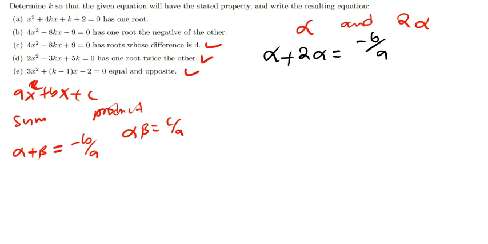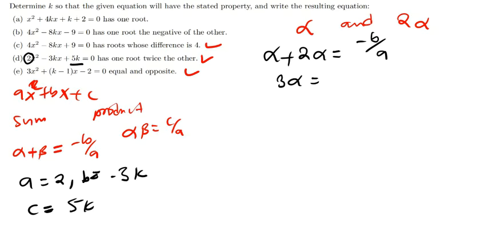A is 2. My b, the part having x, is negative 3k. Then my c is the part that doesn't have x, that is 5k. So now let's replace b. b is negative 3k.